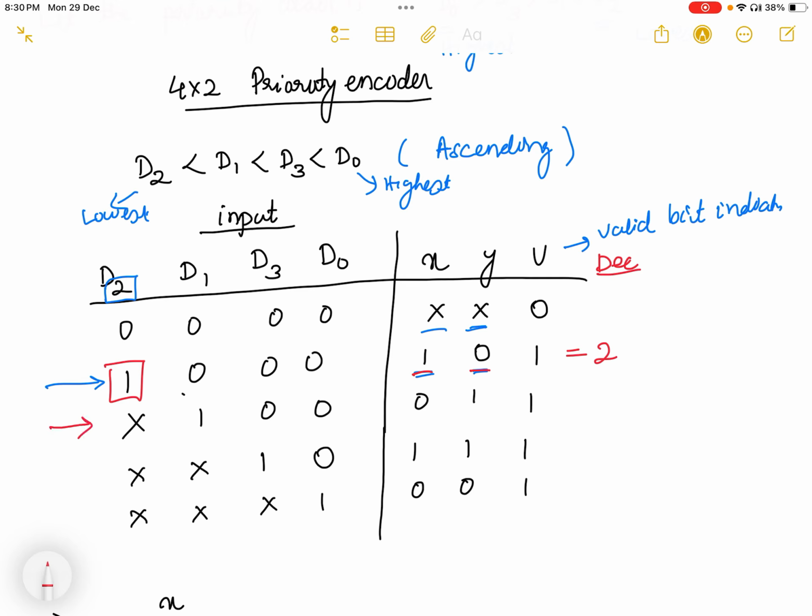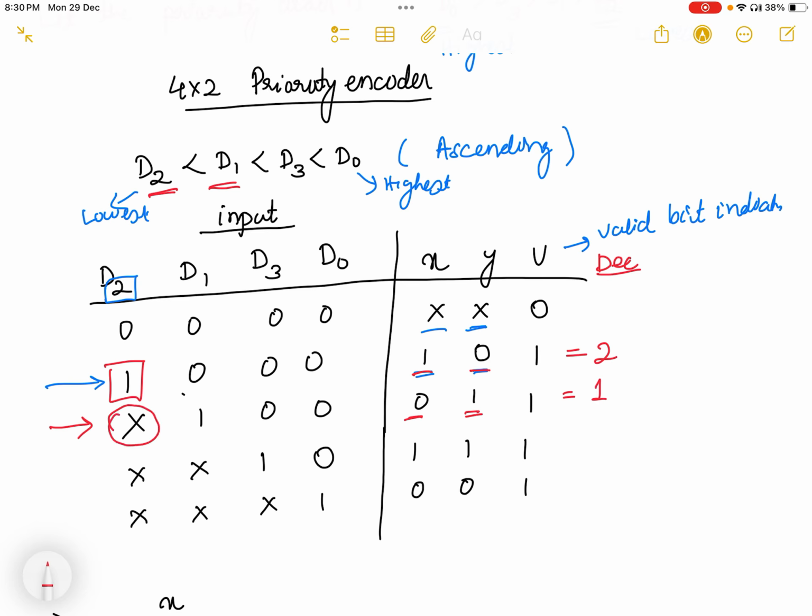Next, D1 equal to 1, and D2 will be don't care. D1 is the higher priority than D2, so I am getting output X equal to 0, Y equal to 1, which indicates the decimal equivalent value is 1. So whatever the value of D2, it may be 0 or 1.